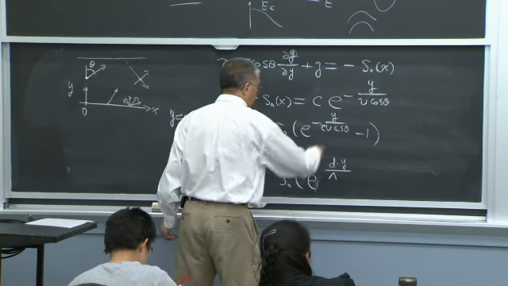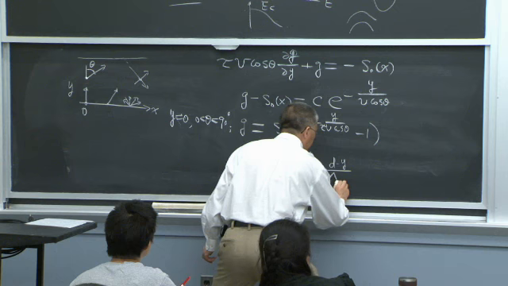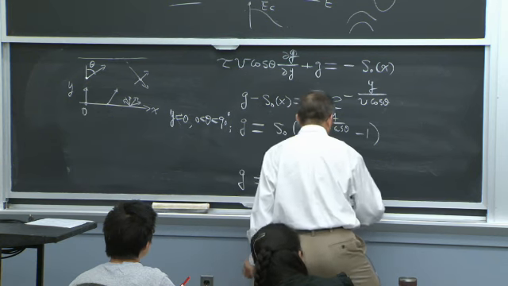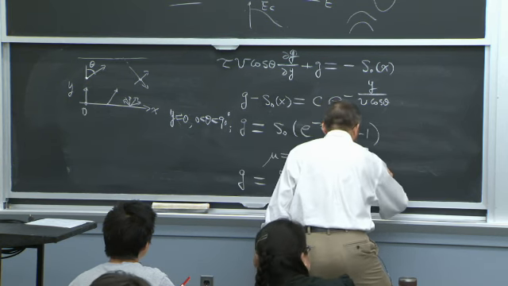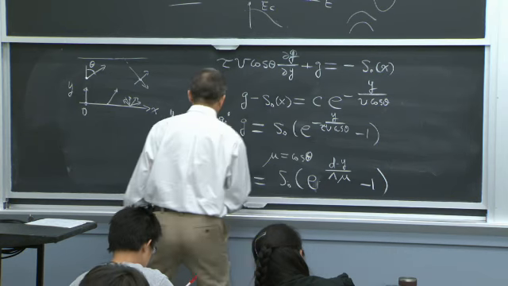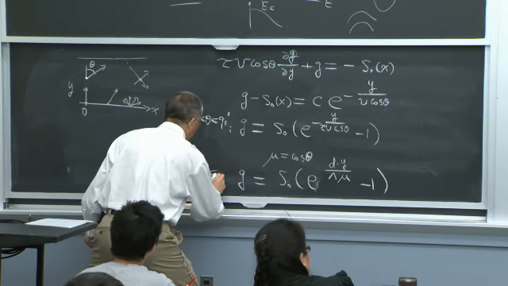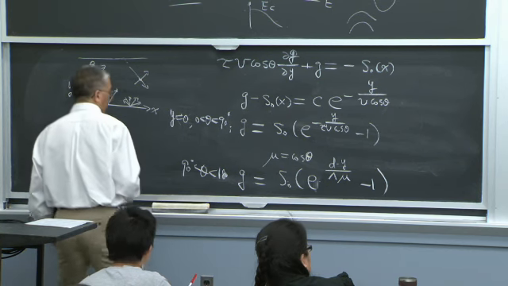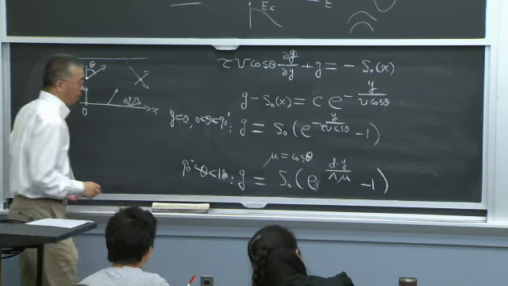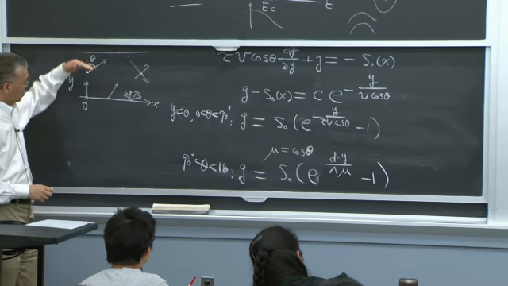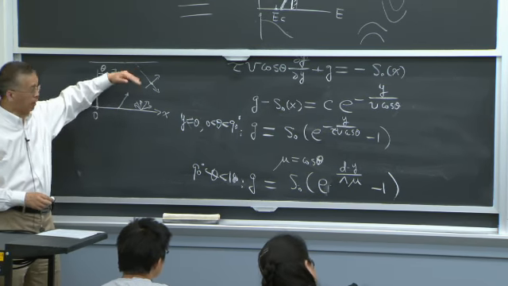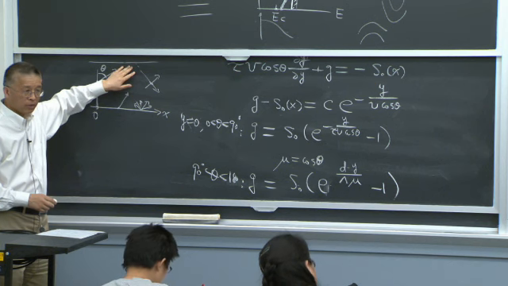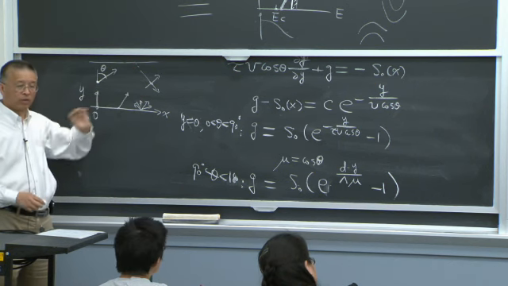So tau times V is the mean free path, divided by mu, and minus 1. And this is for theta less than 180 degrees, larger than 90 degrees. And this is the flow leaving the first surface, the upper surface, into the medium.